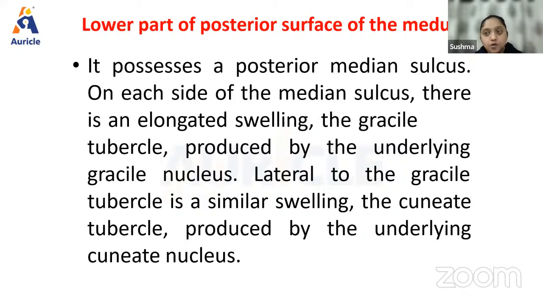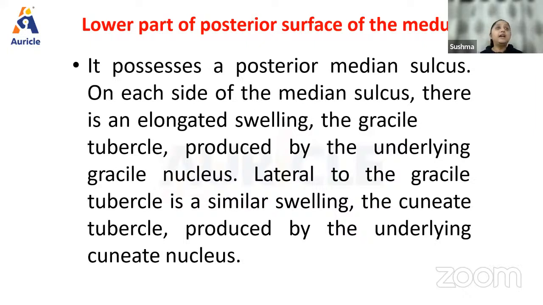Yes, you're absolutely right. These nuclei and these elongated swellings are a part of the dorsal column pathway, the dorsal column tract. What sensations are carried by the dorsal column tract? Vibration, proprioception, crude touch.